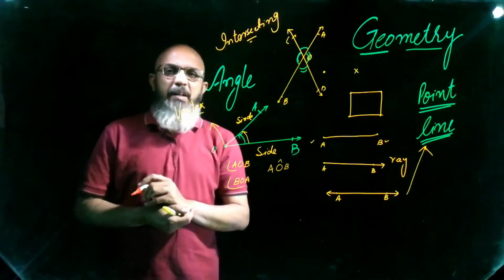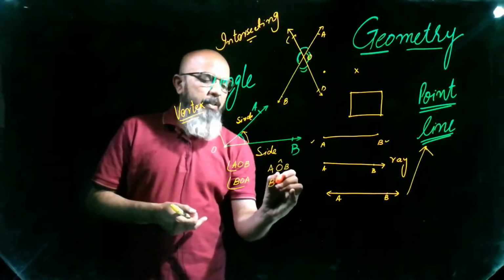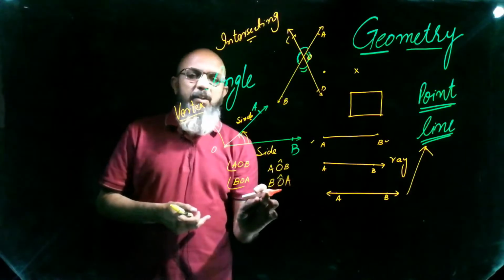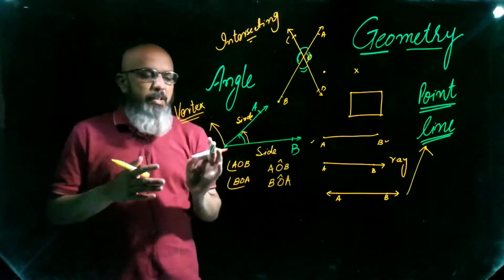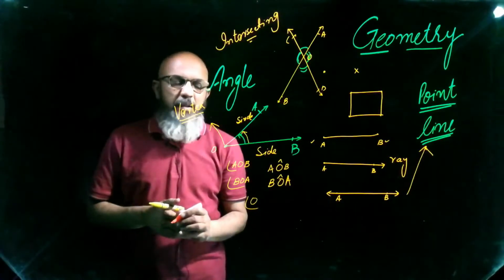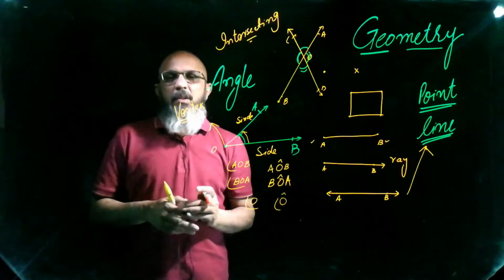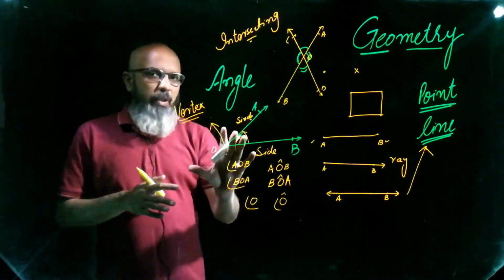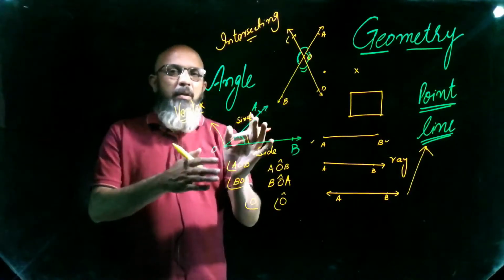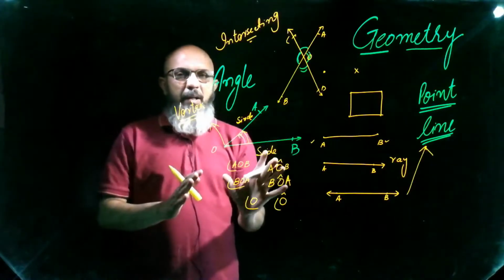Similarly, we can write only O, the vertex. So we can write this angle as AOB, BOA, or only the angle O. So that is the angle.